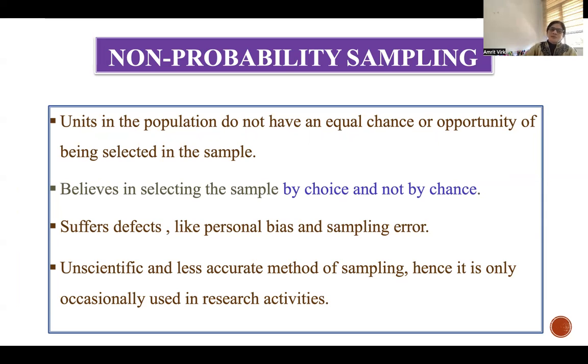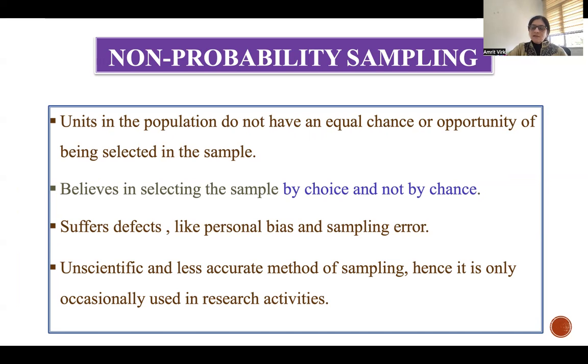So units in the population do not have an equal chance or opportunity of being selected in the sample. What we need to remember here is that any sampling method where some elements of the population have no chance of selection, or where the probability of selection cannot be accurately determined, is non-probability sampling.